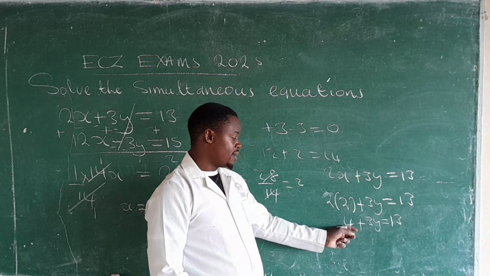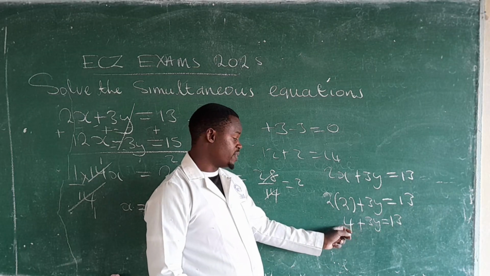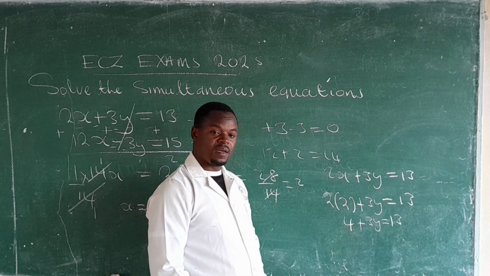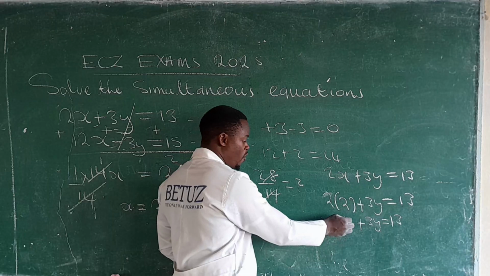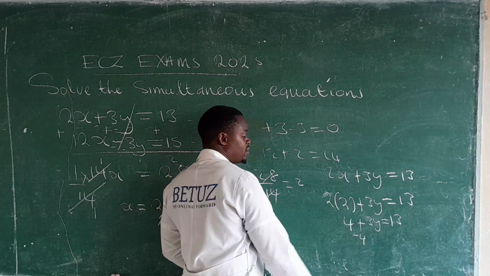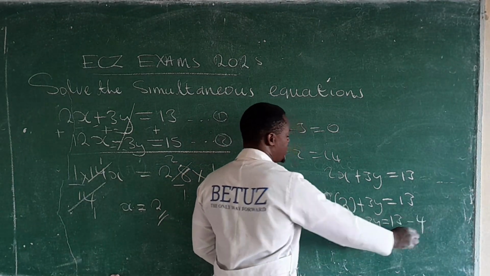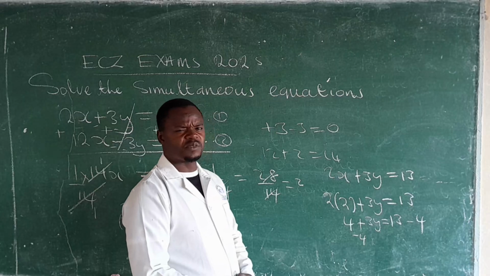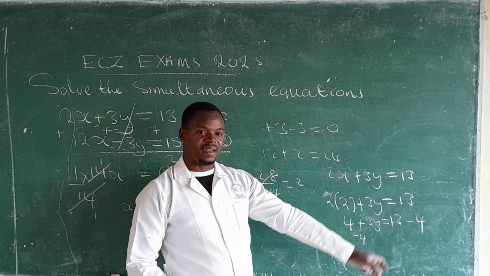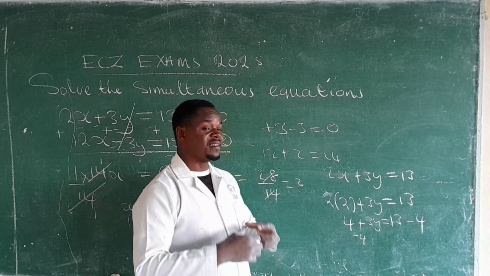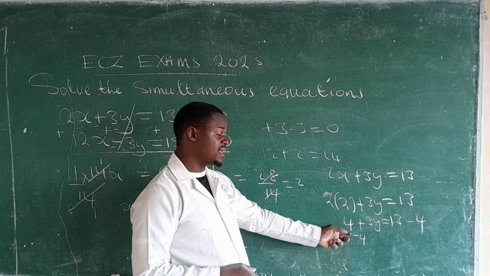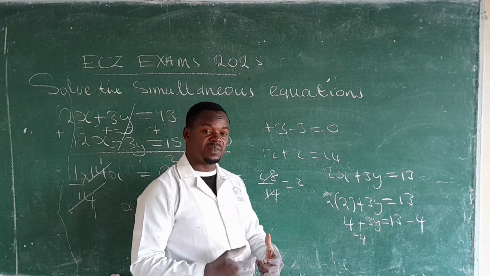We can bring in the additive inverse of 4, which is minus 4, on this side and minus 4 on this side. In most cases, we just say move this 4 to that side, but the correct way is to bring in the additive inverse. Why are we doing that?